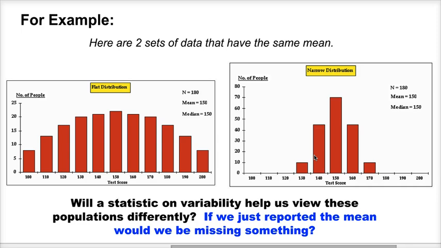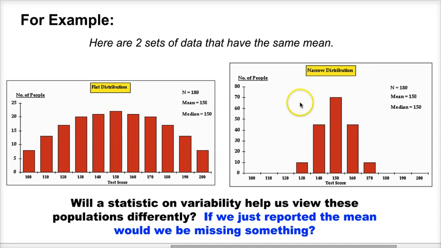So how spread apart the rest of the data is could be very, very important in terms of biology, frequency, or maybe predicting what is normal. If you're within a certain value, maybe that's normal. So variability really talks about how spread out the numbers are from that central tendency.